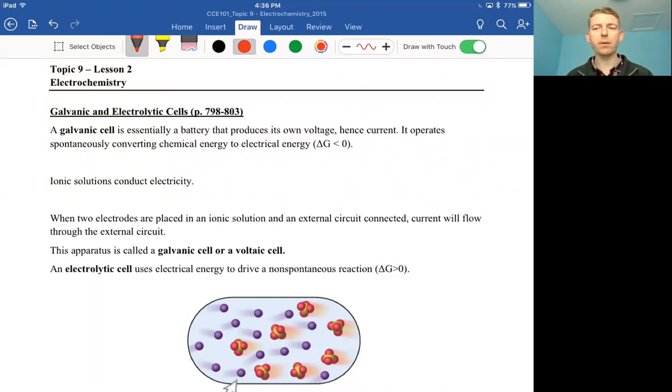So the ones that we're going to be talking about, and probably you'll be building in the lab, use ionic solutions to conduct electricity, and also to provide the means through which we're going to cause these reduction and oxidation reactions to occur.